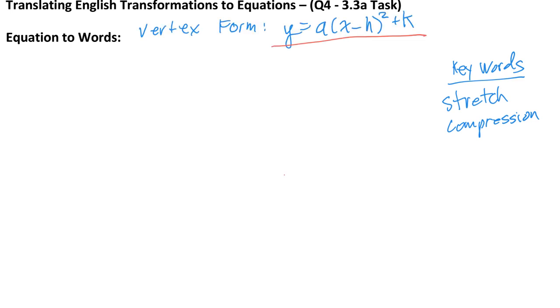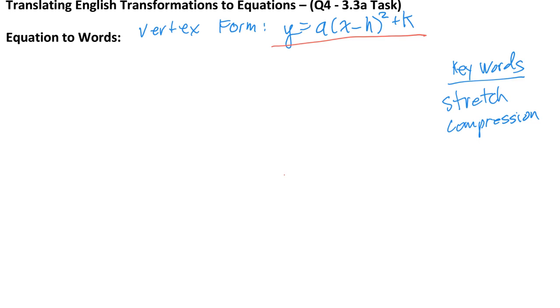What we're going to talk about is how we change an equation into mathematical language. So let me give you some basic words. Just like what we had before when we talked about stretching and compressing a parabola in lesson 3.1 with y equals x squared, we still have to deal with that in this basic equation of the vertex, which is y = a(x - h)² + k.